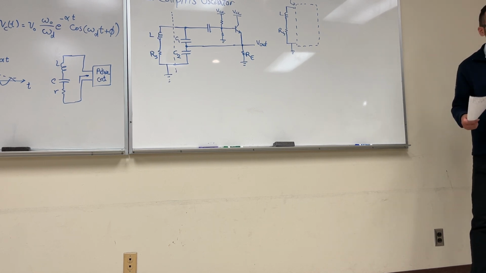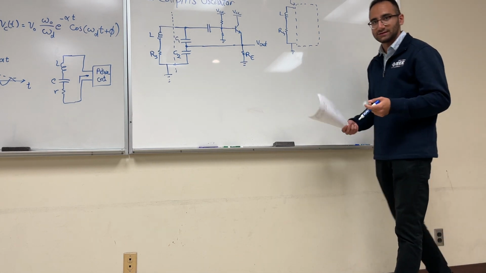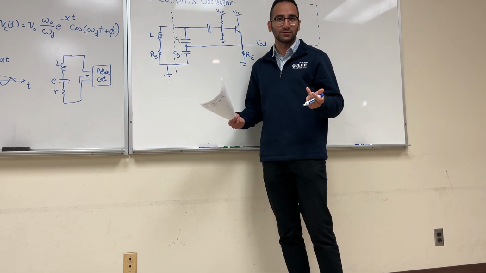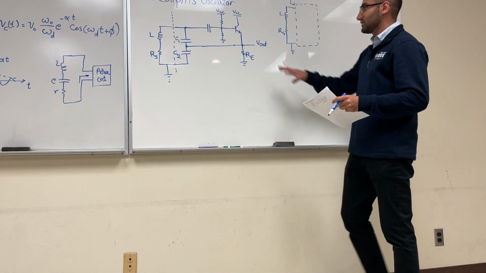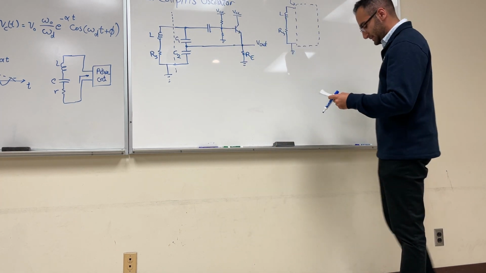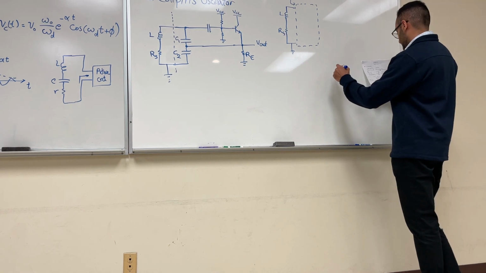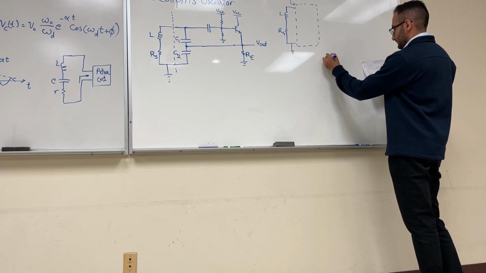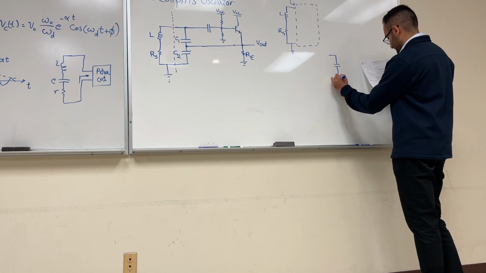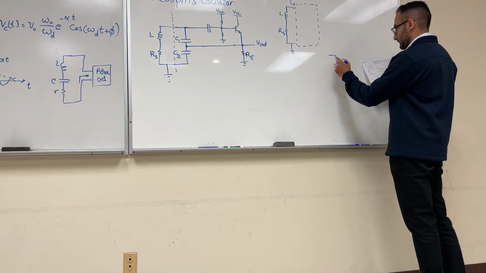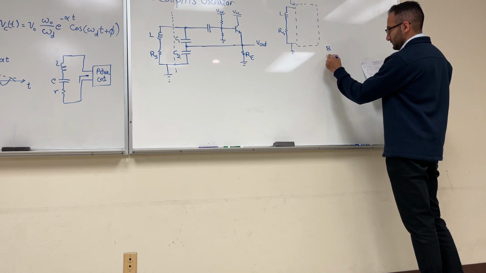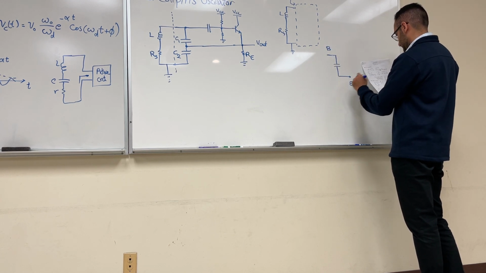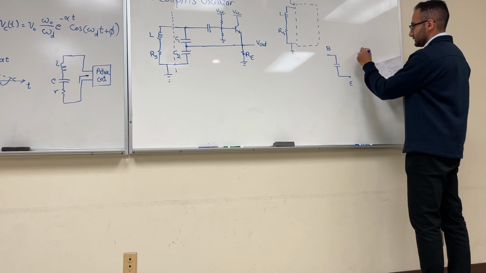First of all, oscillations are considered AC signals, for which we use the small signal model. So let's draw the small signal model of this part. So this is going to be the base, my emitter, and my collector.